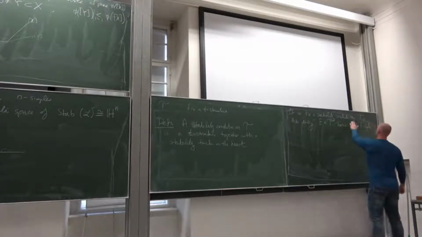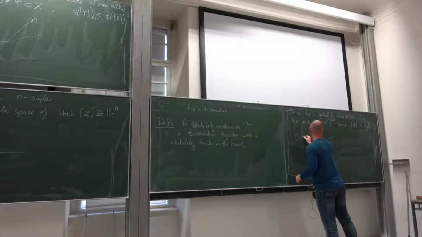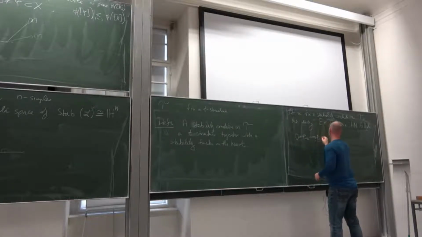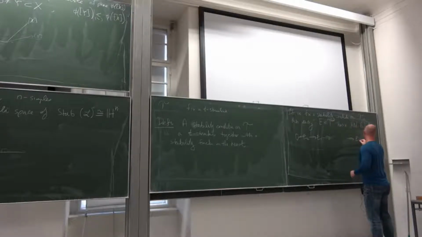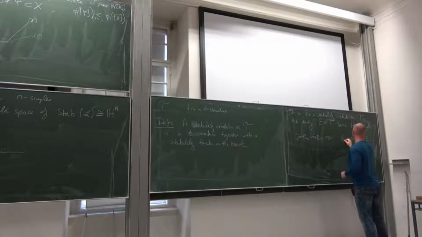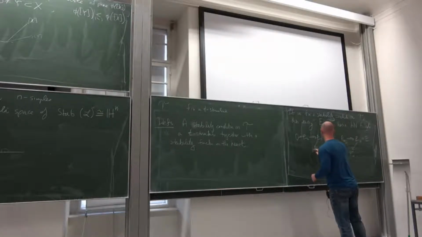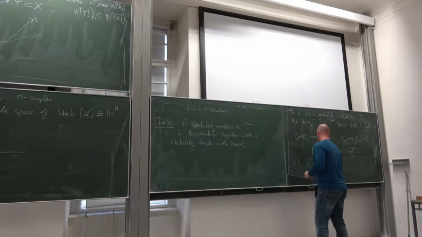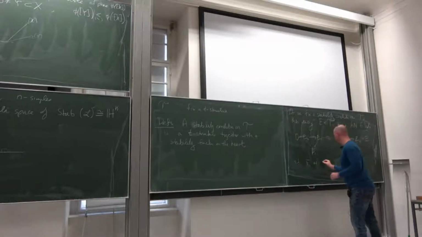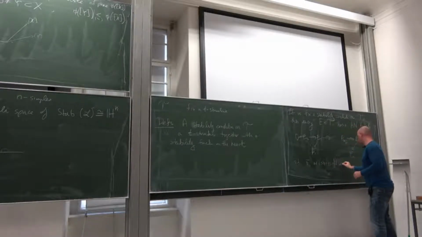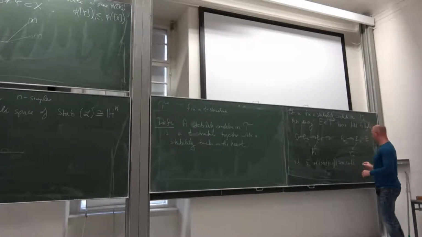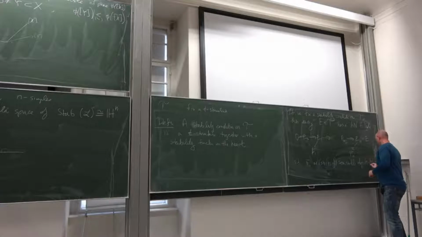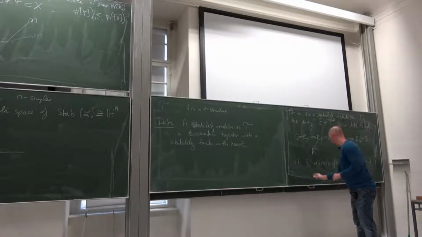So, in other words, E fits into a bunch of exact triangles like this, such that all the Fi are shifts of semi-stable objects of the heart.